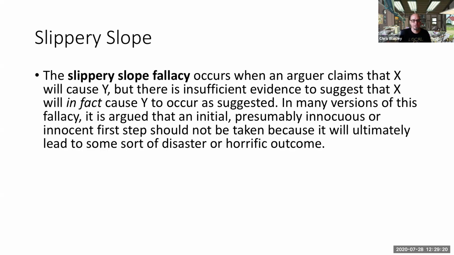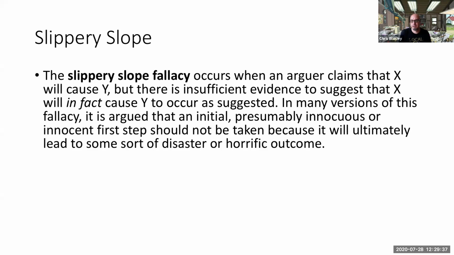Next, we have slippery slope. This fallacy occurs when an arguer claims that X will cause Y, where there's a long causal chain of intermediary events that's said to lead down the hill, down the slope, to some bad outcome, right?